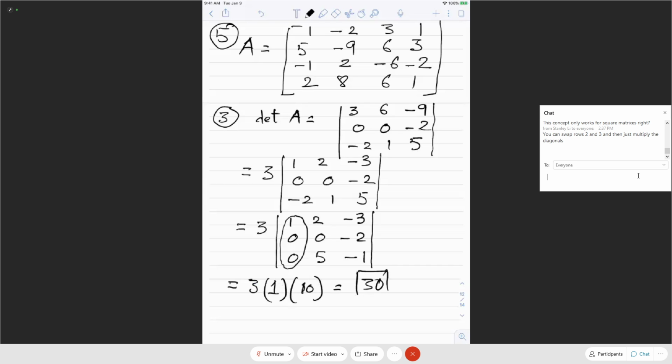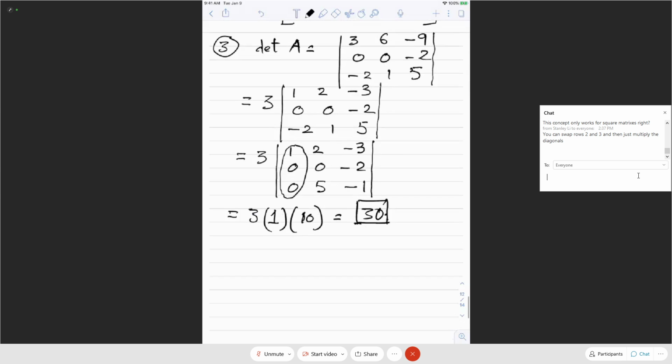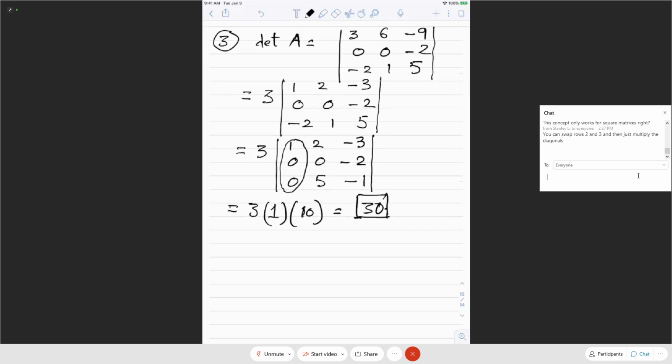How many of you got this answer? Isn't it easier just to flip the second row? Yes, you can do that. You can do lots of things, as long as you get the correct answer. Because that one's just one step, and then you just have to multiply the negative 2 out.